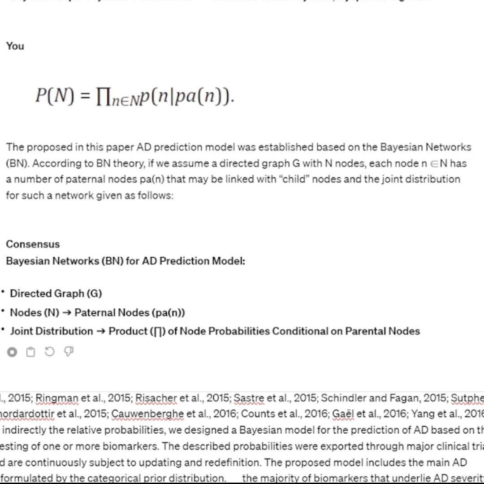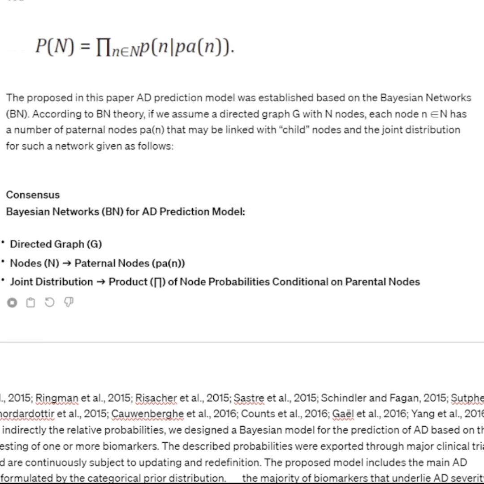Bayesian networks, BN, for the AD prediction model use a directed acyclic graph G with nodes and parent nodes. The joint distribution is the product of node probabilities, each conditional on its parental nodes.